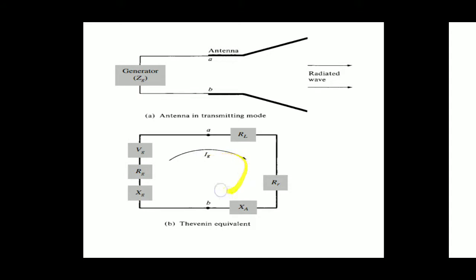And this is the generator current. RL represents the loss resistance of the antenna, small r is the radiation resistance of the antenna, and XA is the reactance of the antenna.